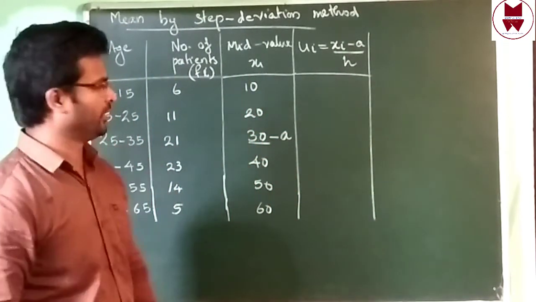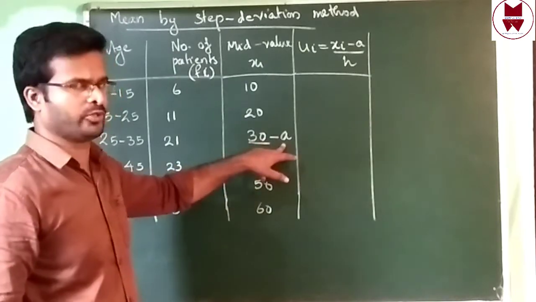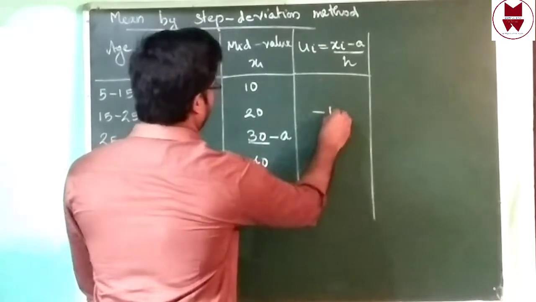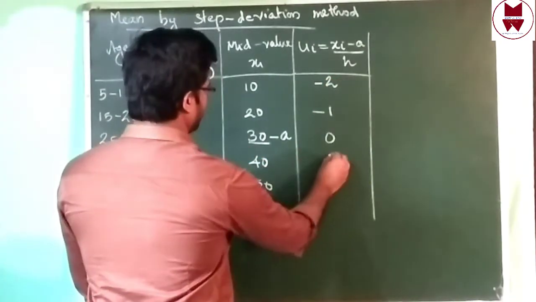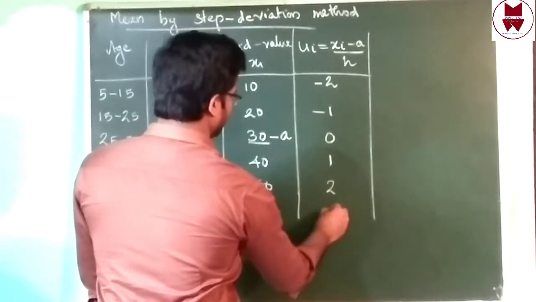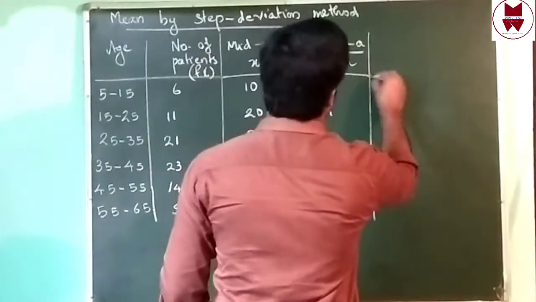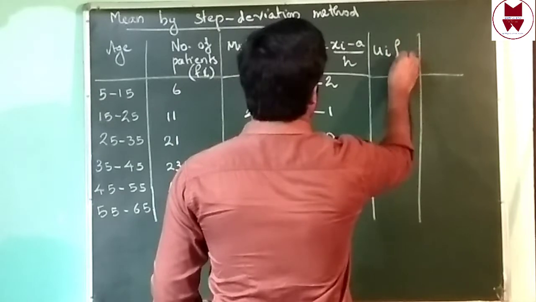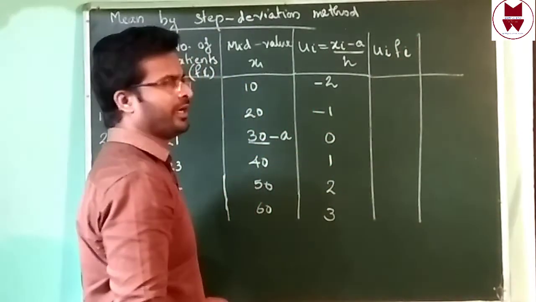Already we have studied one shortcut. What you are taking as the assumed mean, that will be 0 for ui. Then outside, minus 1, this will be minus 2. Then 1, 2, 3. Then the next column is ui into fi.